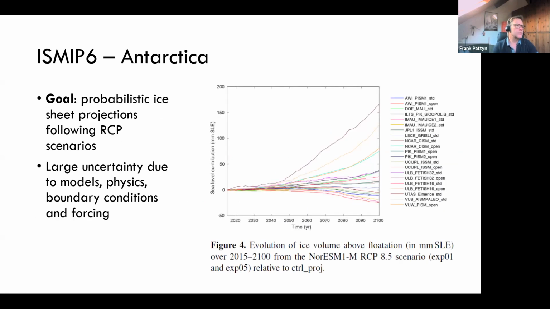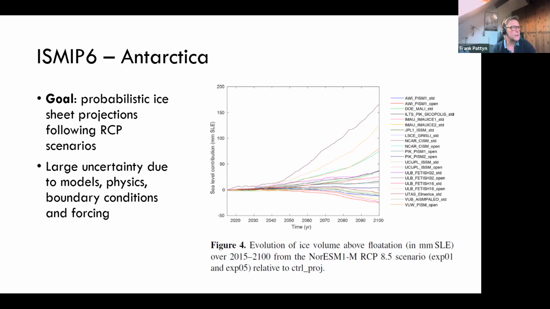But if we then look at the results of the Antarctic modeling, the goal of this experiment is completely different than the goal of the other idealized cases, ISMIPs, and that was the same for sea rise. This is to get probabilistic ice sheet projections according to different climate change scenarios, in which models are initialized and then forced by climate models, in which some interaction is provided to link ocean forcing to ice sheets.